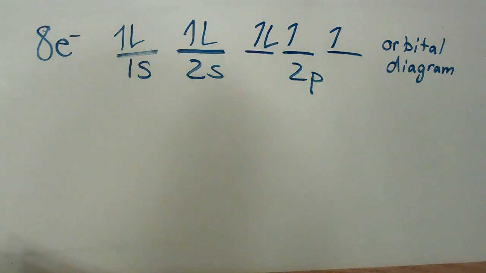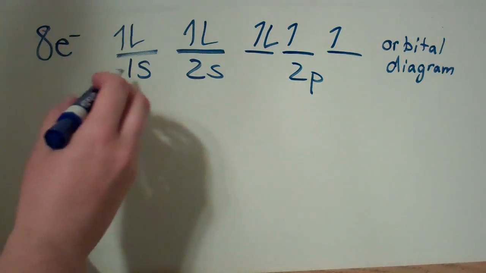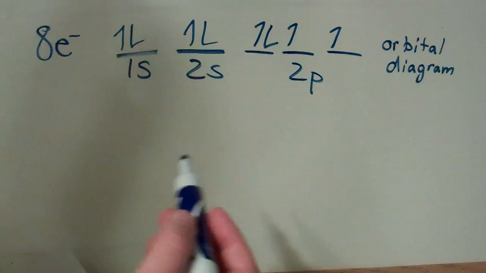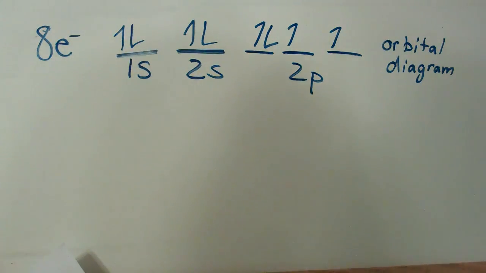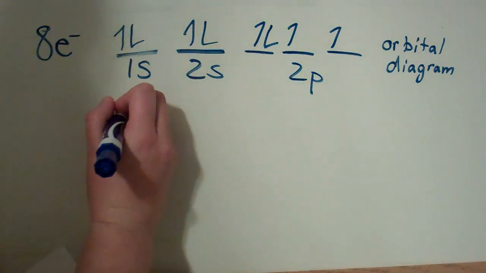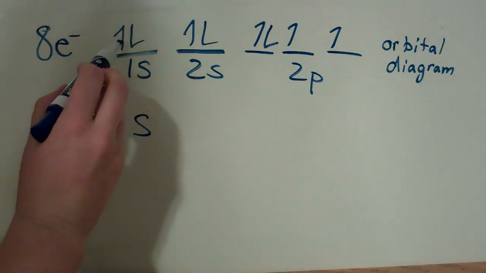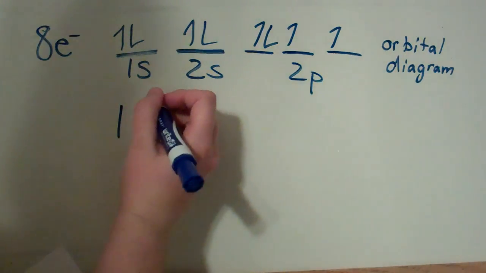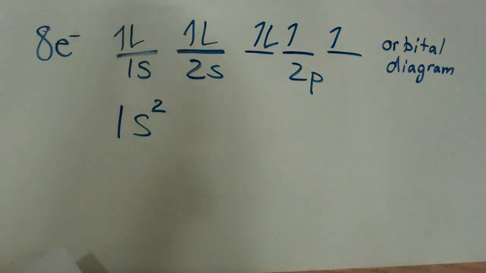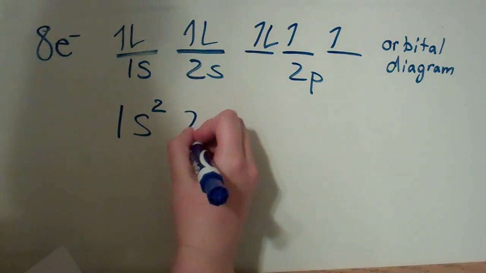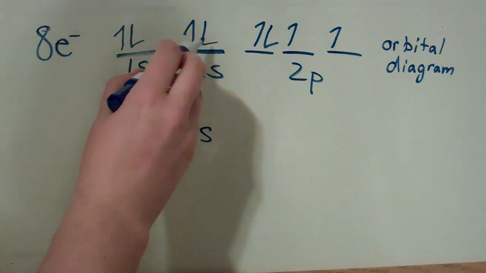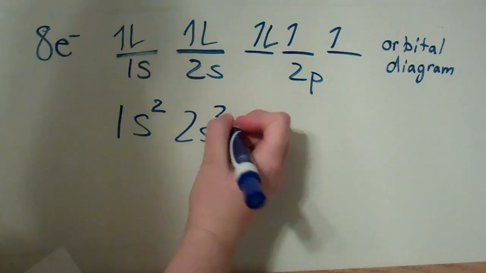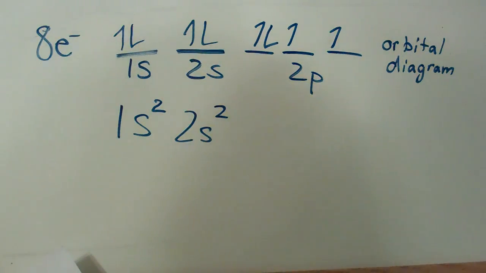The next thing the handout asks us to do is write down the electron configuration. What you do is count the number of electrons in every single subshell and write that number of electrons as a superscript. In 1s, there are 2 electrons, so 1s gets a 2 as a superscript. 2s has 2 electrons, so it gets a 2 up high, above the s.